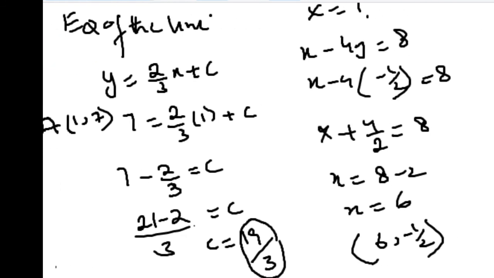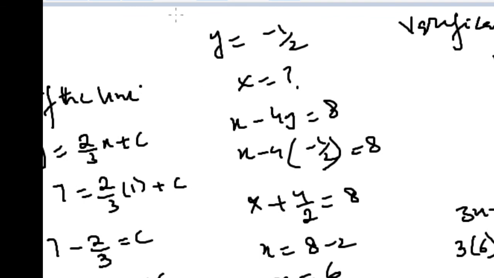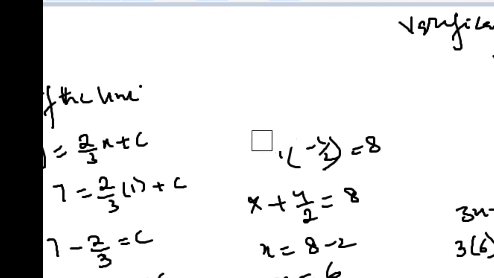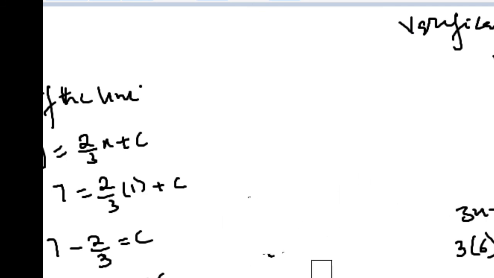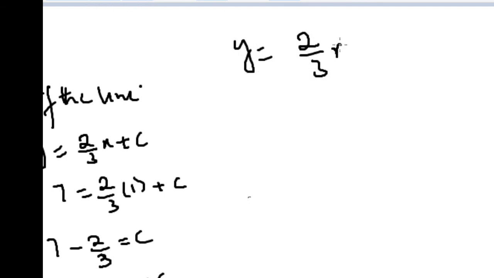Now to get the equation of the line, we input this value there. The equation becomes y is equal to 2 over 3 x plus 19 over 3.